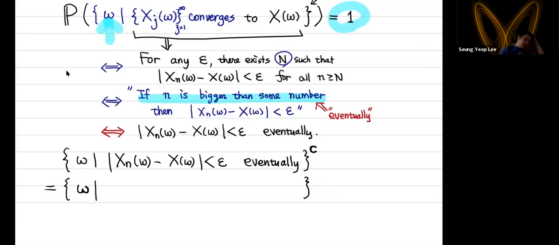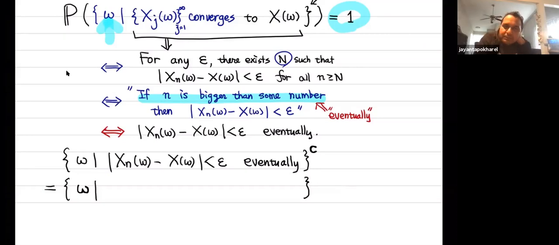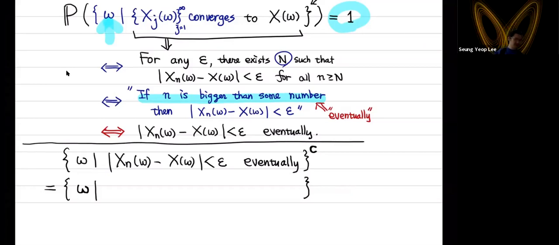We want to describe the complement of this set. Epsilon is fixed in this sentence.